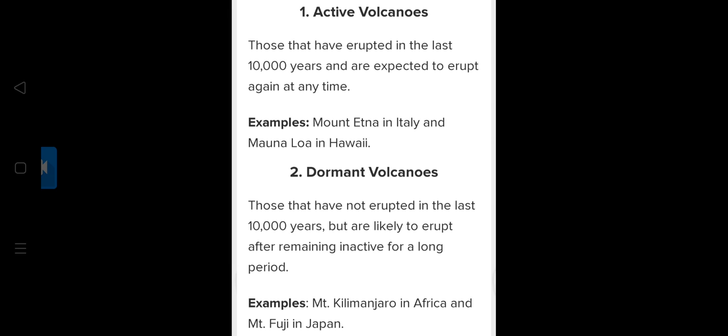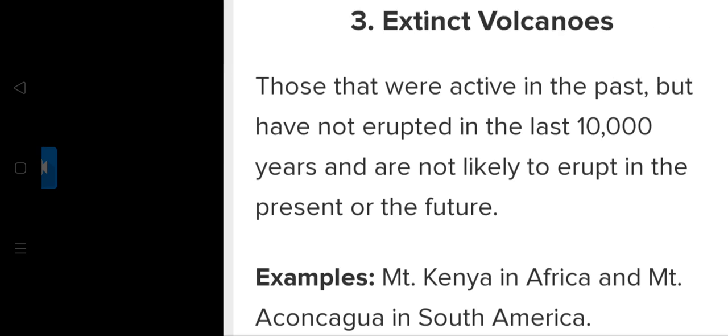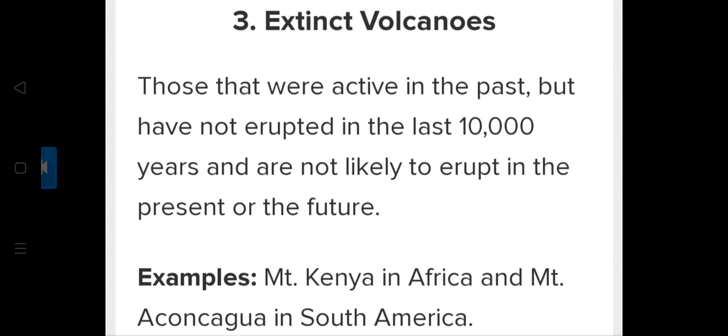Dormant volcanoes are those that have not erupted in the last 10,000 years but are likely to erupt after remaining inactive for a longer period. Which are the examples of these? Mount Kilimanjaro in Africa and Mount Fuji in Japan. Last but not the least, extinct volcanoes.